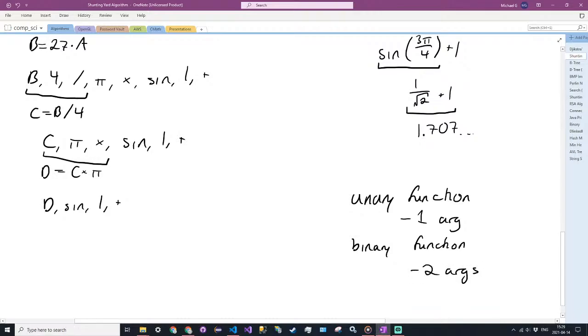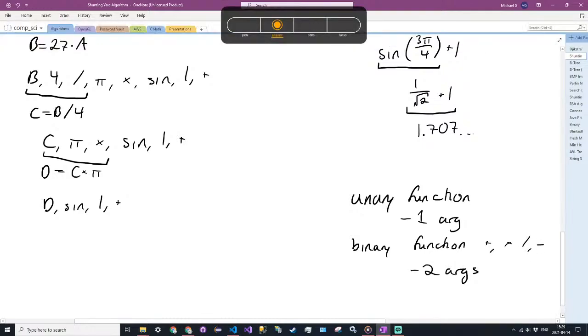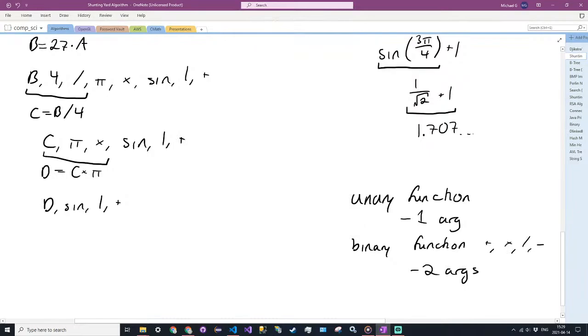A binary function will be something like plus, because plus takes in 2 addends. Multiplication takes in two factors. Division takes in a divisor and a dividend. And subtraction takes in two arguments as well. So this sine and D just becomes E, which is equal to the sine of D.